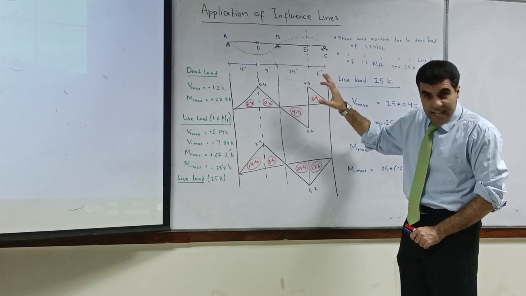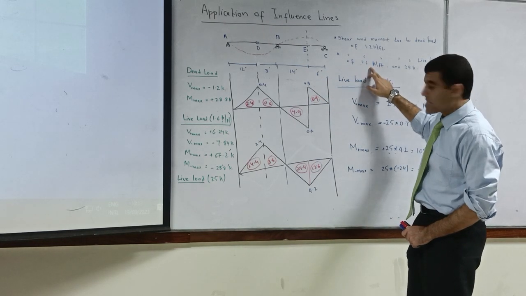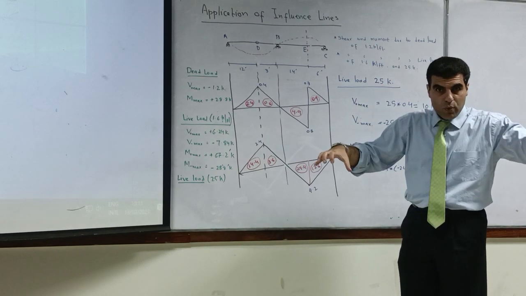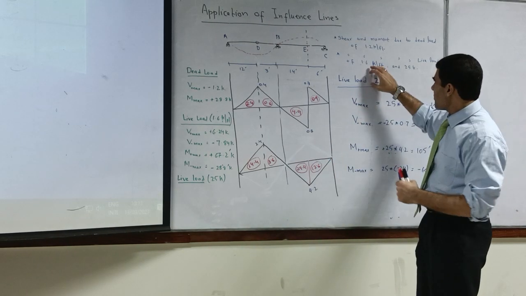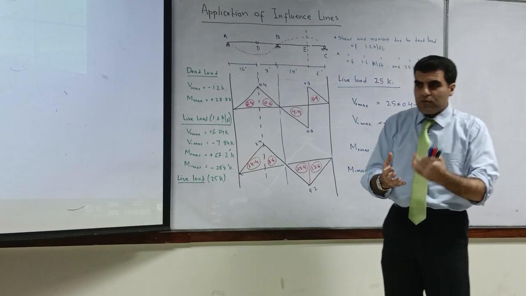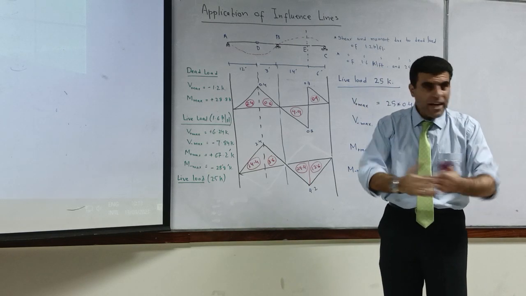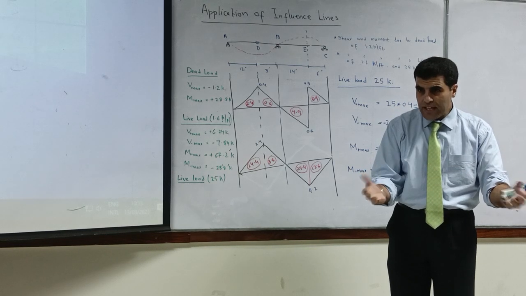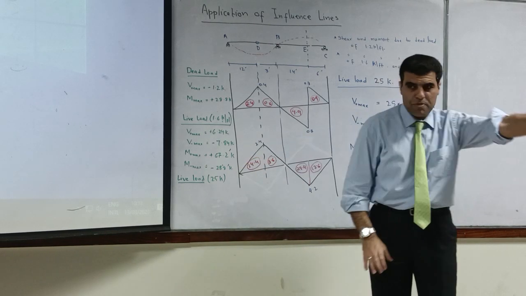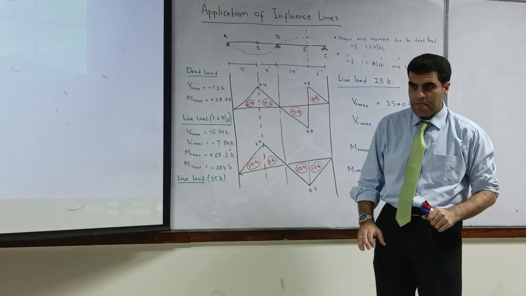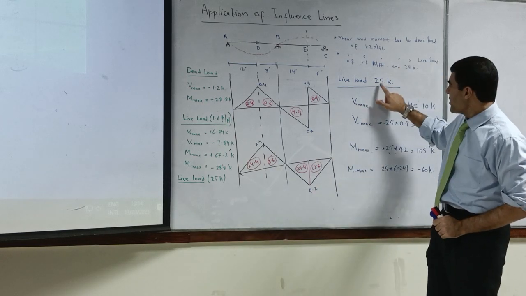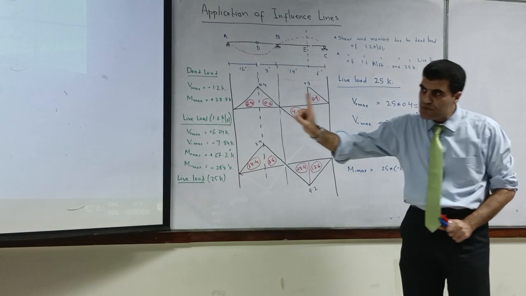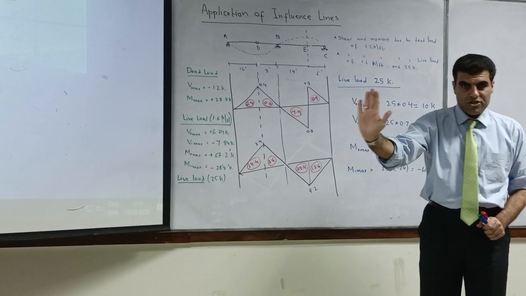Yes, sir. In the case of live load, which is these loads, they can be at different locations. Why? Because these sort of loads, for example, are the weight of people in a room. There can be some people on this side, some people on this side, some people on that side. When we say 25 kip, this is like one concentrated load which is moving straight along the beam.